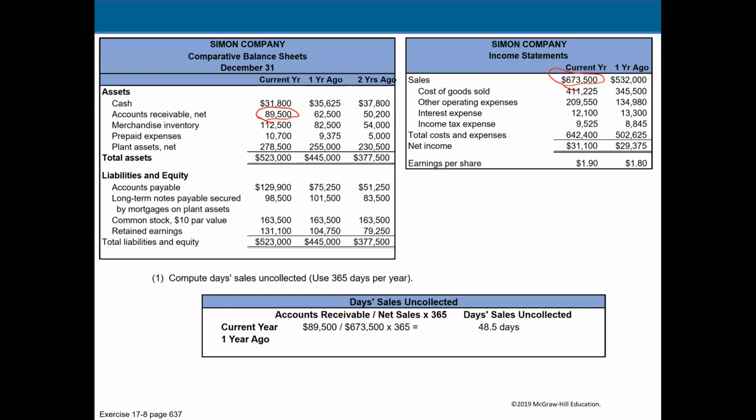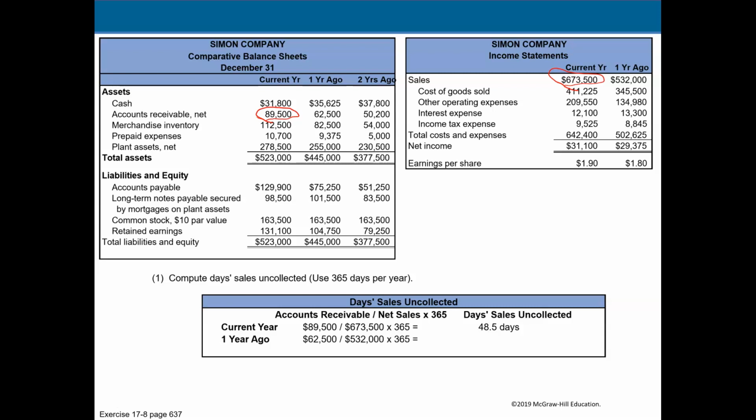Multiply that by 365 and you get 48.5, and that's days. So for days sales uncollected, they have 48.5 days worth of accounts receivable still uncollected. You want a lower number on this one.